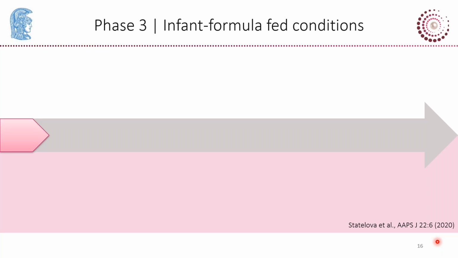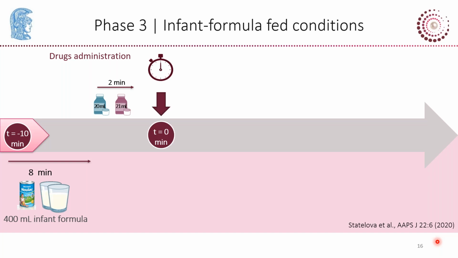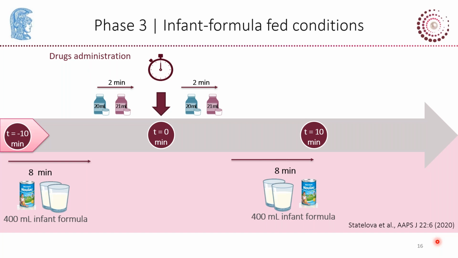To simulate dosing condition in infants during feeding, the total volume of infant formula was split in 2 portions, and the 400 ml were consumed at a constant rate over 8 minutes, and then 2 ml of Nurofen and 21 ml of Panadol were administered over 2 minutes, and upon completion, time zero was set, and then the administration of Nurofen and Panadol was continued over a period of 2 minutes, after which the second portion of infant formula was consumed at a constant rate over 8 minutes.